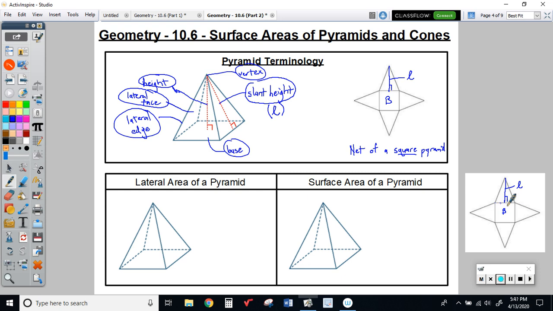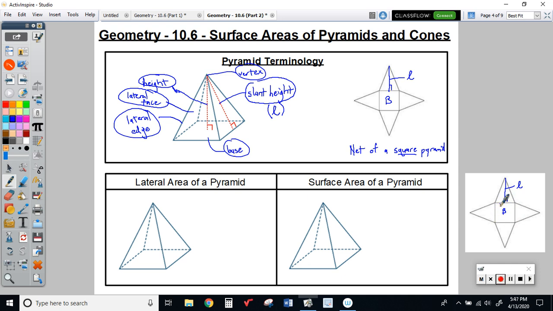So you could do 1/2 times perimeter times height, and it would give you all the lateral faces simultaneously without having to do 4 separate calculations. Or if this were a pentagonal pyramid, 5 triangular calculations, or a nonagonal pyramid, 9 of them. I don't want to do that if I don't have to. So if you do 1/2 perimeter times slant height.